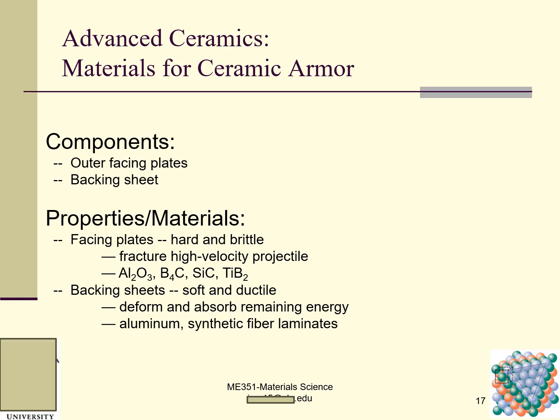Advanced materials. Some advanced materials can be used as ceramic armor to protect our soldiers or protect our law enforcement officers. For example, the components: we have outer facing plates, and we also have a backing sheet.